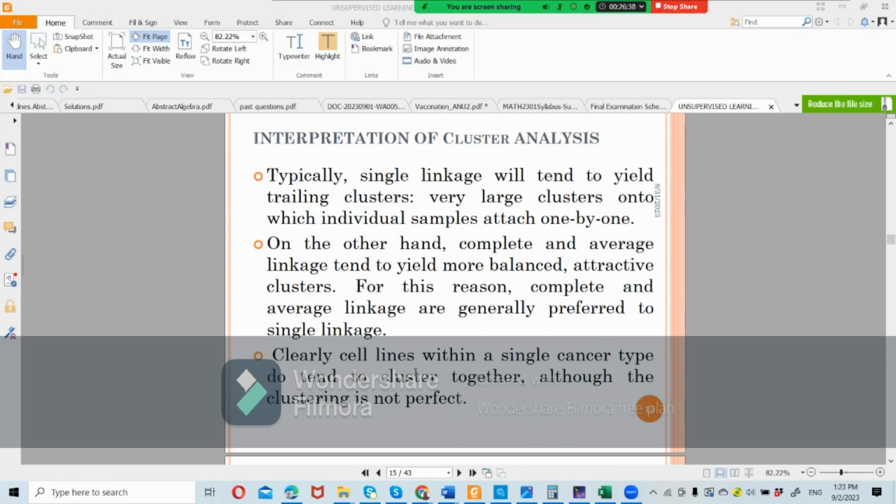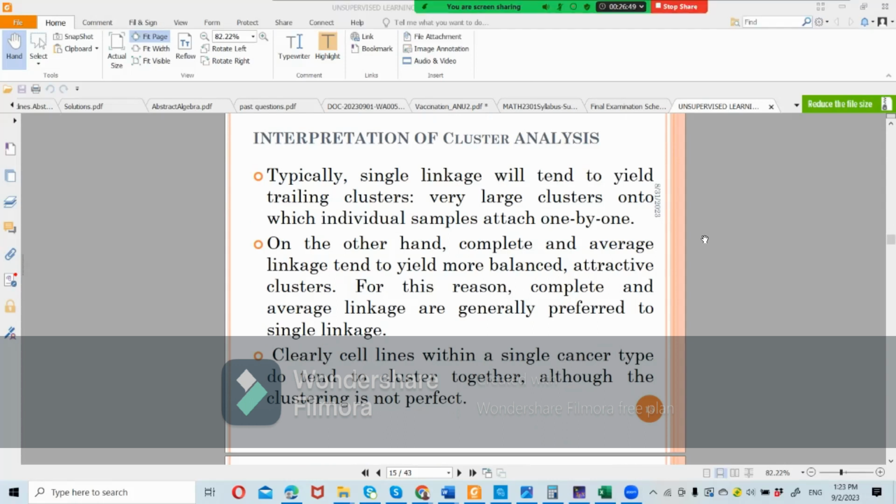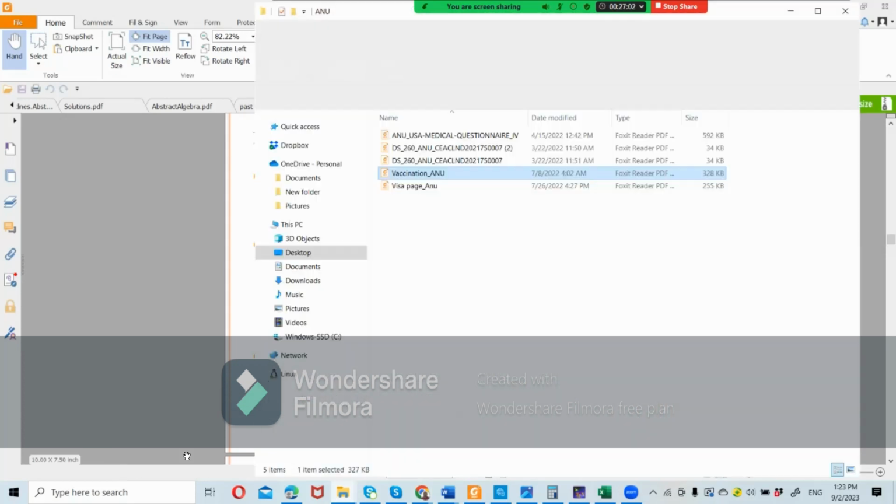Now, in the clusters that we have, single linkage will tend to yield trailing clusters, very large clusters onto which individual samples attach one by one. On the other hand, we can see that complete linkage and average linkage tend to yield more balanced, attractive clusters.